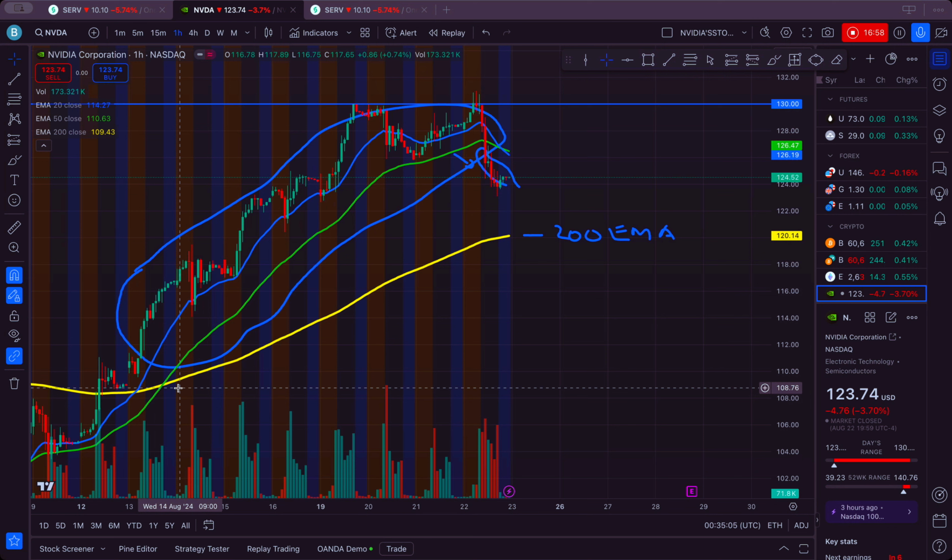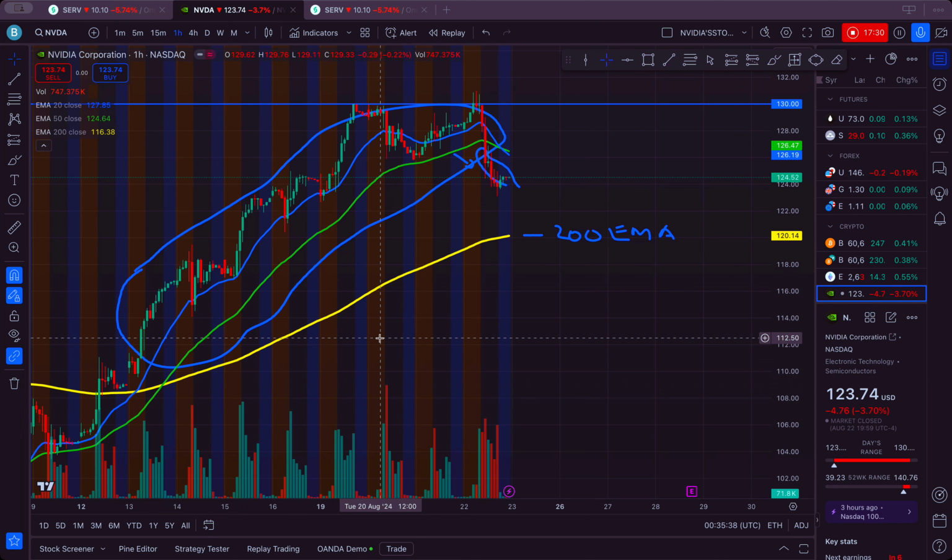Resistance is a little bit different from supply, but it's so similar. Supply is like resistance, and support is like the demand.